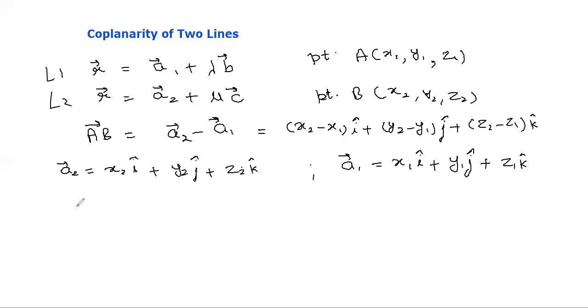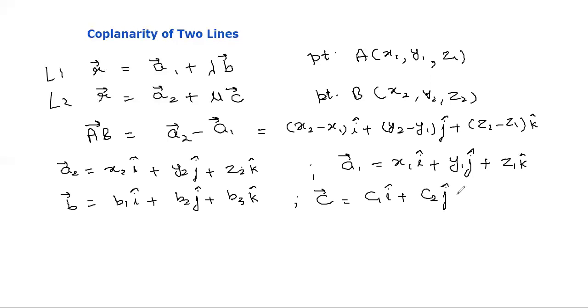And suppose vector B is given by b1i plus b2j plus b3k, and vector C is given by c1i plus c2j plus c3k.